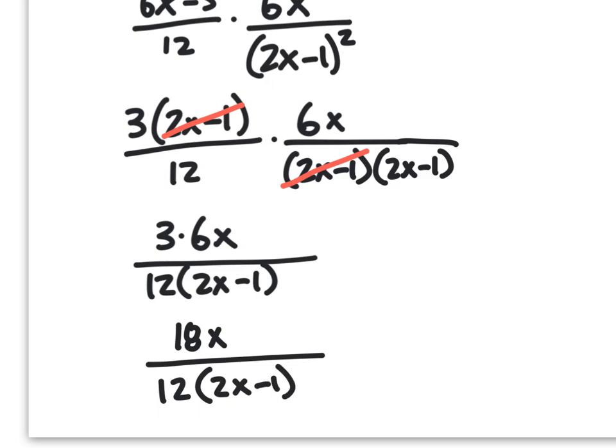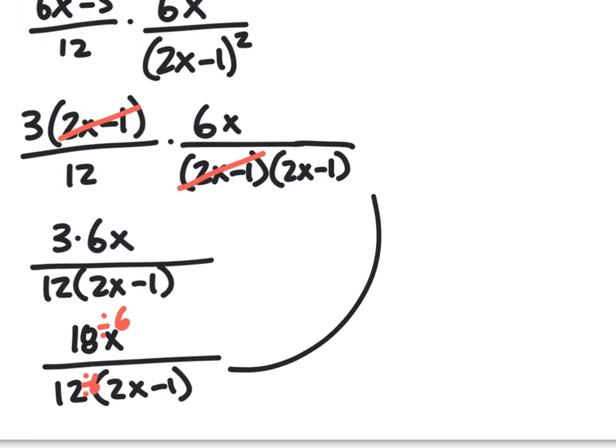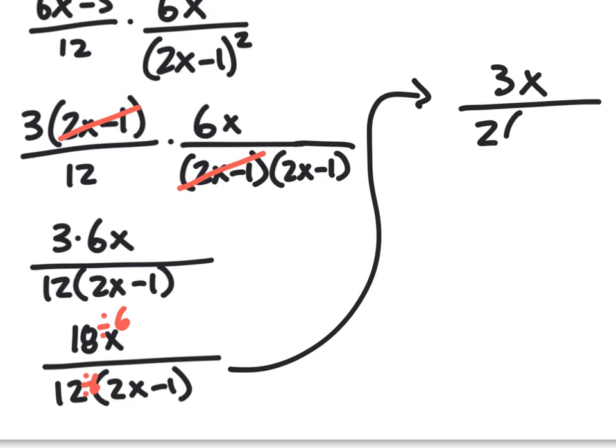Now, 18 divided by 12: if I look at those numbers separately, each of them is divisible by 6. And so as a result, 18 divided by 6 is 3, times x over 2 times 2x minus 1.